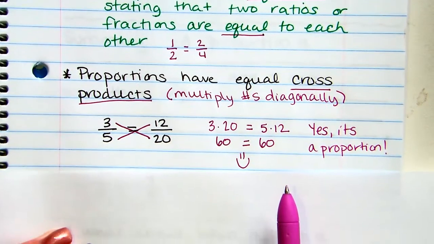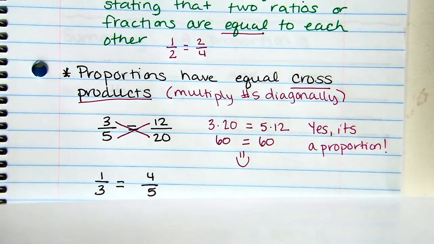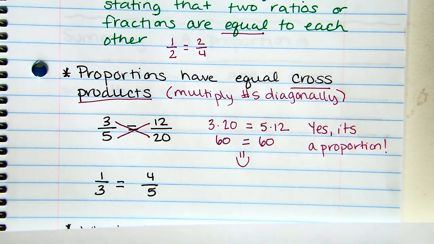Now my second example is this here. 1/3 equals 4/5. Now 1/3 is not a fraction that we can simplify, and 4/5 is also not a fraction that we can simplify. So because of that, once again, we're going to use our cross products.